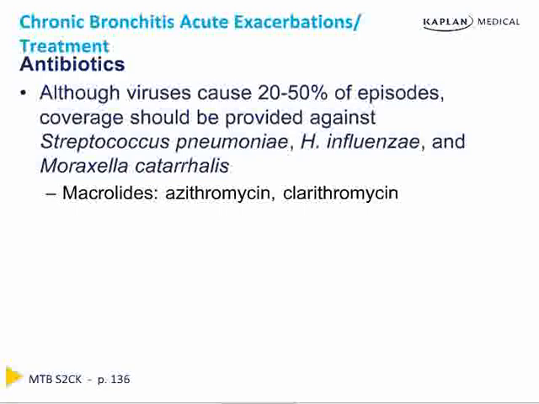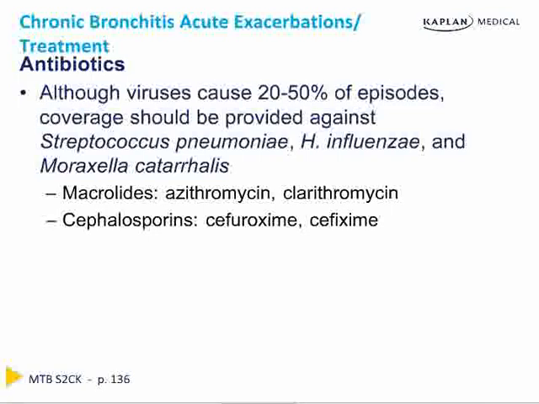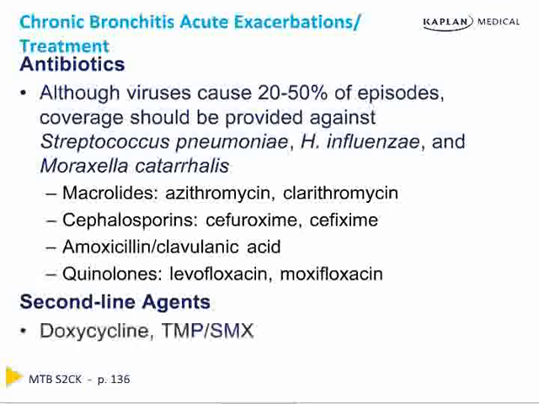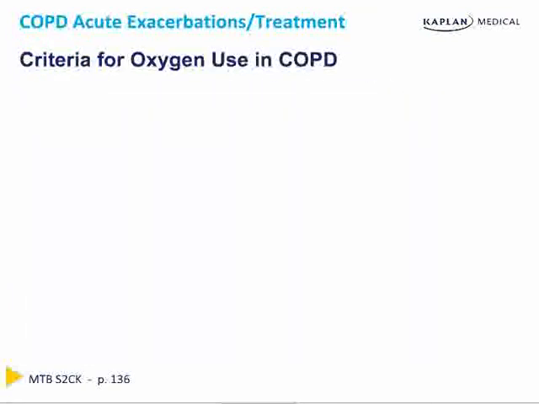Therefore, macrolides, such as azithromycin or clarithromycin, are first-line agents, as are cephalosporins like ceftriaxone or cefixime, amoxicillin clavulanic acid, or quinolones, such as levofloxacin and moxifloxacin. In terms of second-line agents, for patients who might have an allergy to the above-listed agents, we can use doxycycline or trimethoprim sulfamethoxazole.